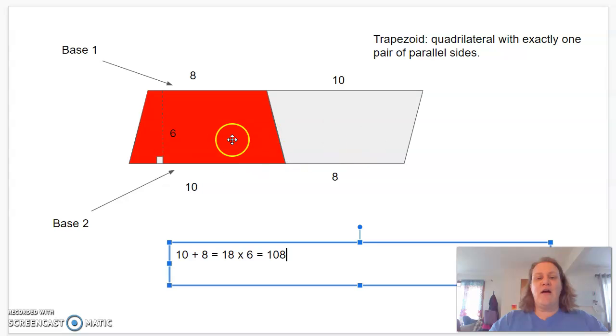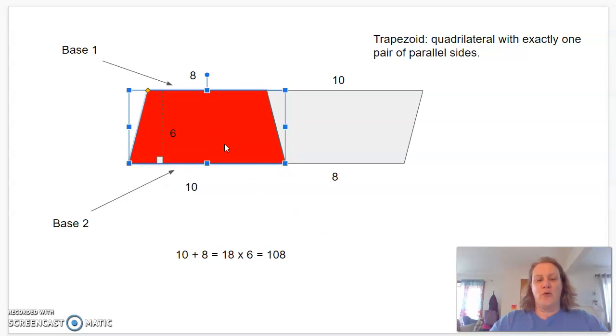So that's the area of both the red and the gray portions together, 108. We want to know what the area of just the red portion is. Because we made an exact copy of the red trapezoid right here as this gray trapezoid, and we stuck these together, we composed them into a composite figure, we know that the big giant parallelogram is 108 units squared, but we only want to know what the red portion is.